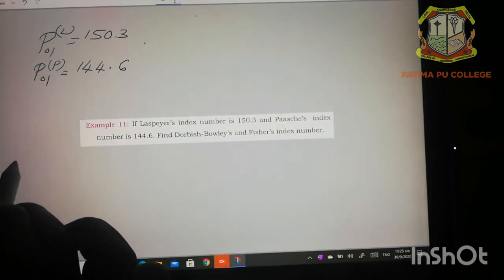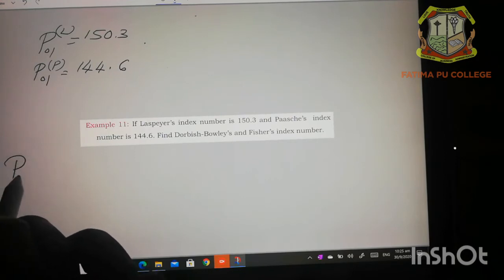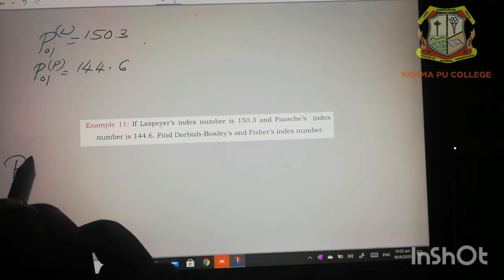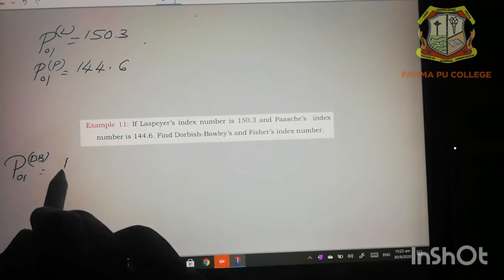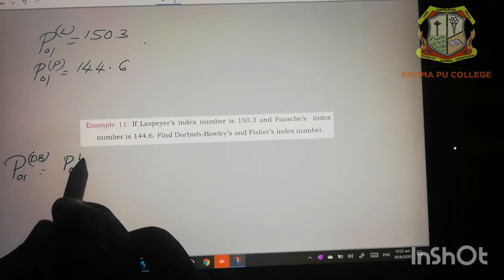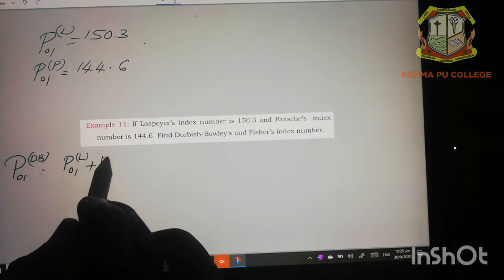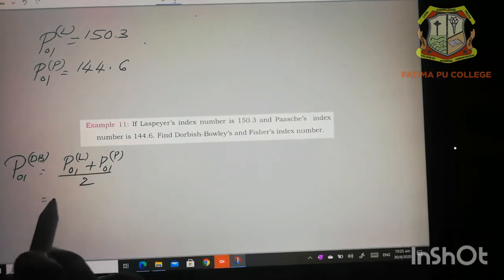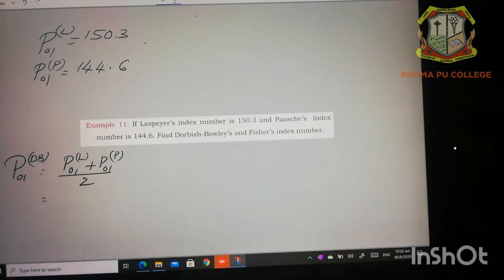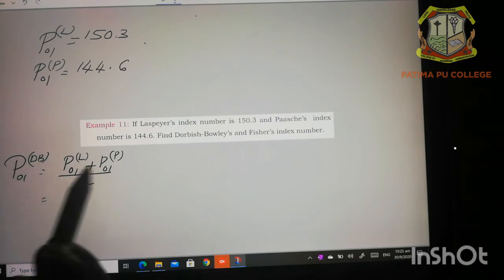The Drobisch-Bowley index number formula based on Laspeyres' and Paasche's is given as PdB is equal to P01L plus P01P divided by 2, students. I said the relationship is that the Drobisch-Bowley index number is the arithmetic mean of Laspeyres' and Paasche's. That is why we use this formula.